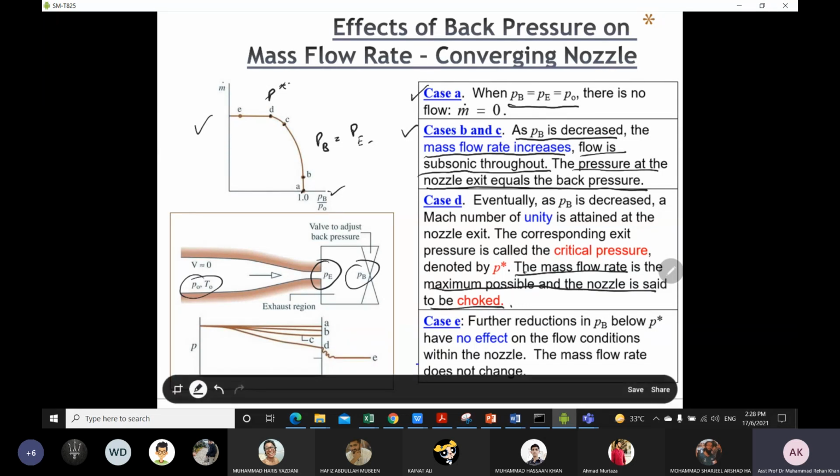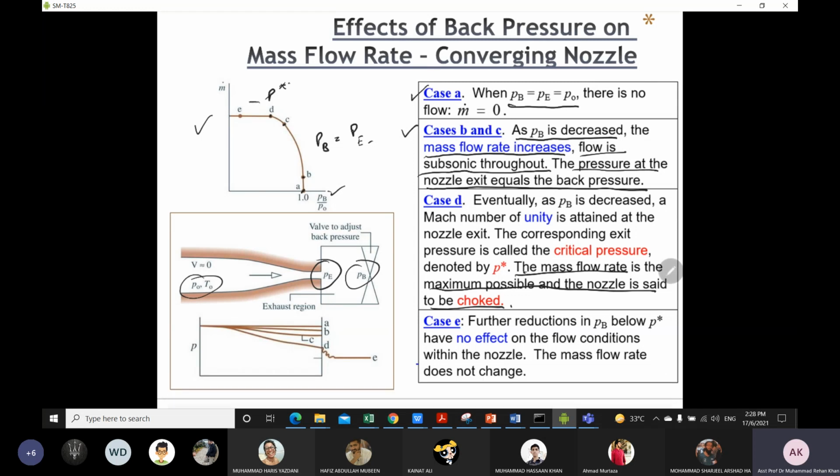Okay, so here the important point is that if your Mach number becomes equal to 1 and you further decrease the back pressure, your mass flow rate becomes maximum at this point, and with further decrease in back pressure your mass flow rate will not be affected.